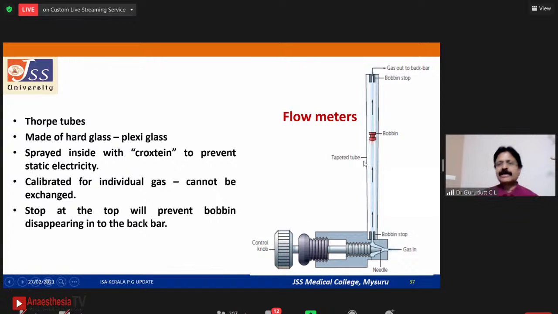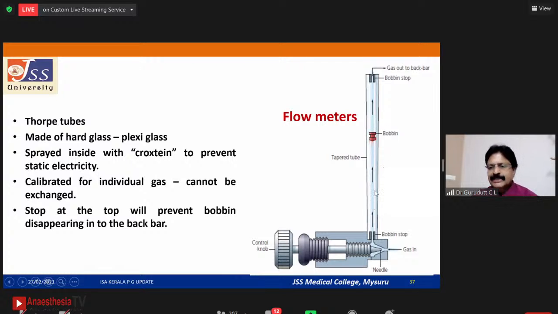Another important thing you have to know for exam purposes is that these flow meters are tapered. You can see the tapering. The narrowest portion is in the lower part of the flow meter, and as you go up, it starts widening. They will ask you why the tapering has to be done. This is another very important thing to know, because in the lower portion we require more accurate flows, whereas as you go up you don't require such accurate flows, because these are higher flows.